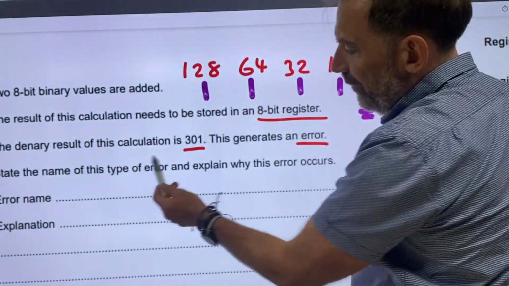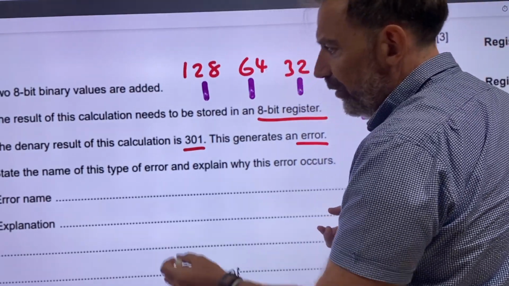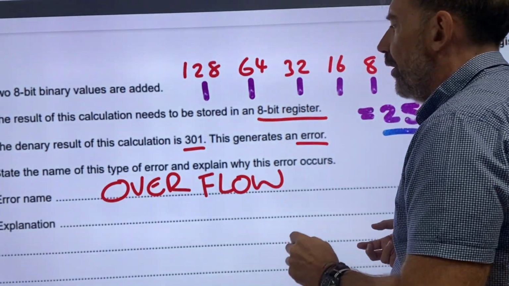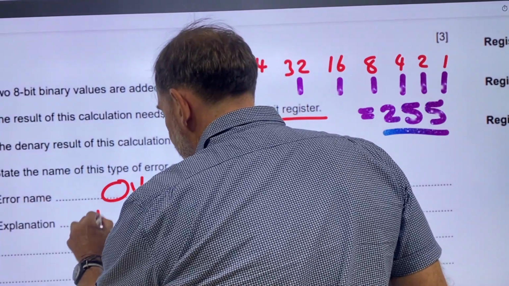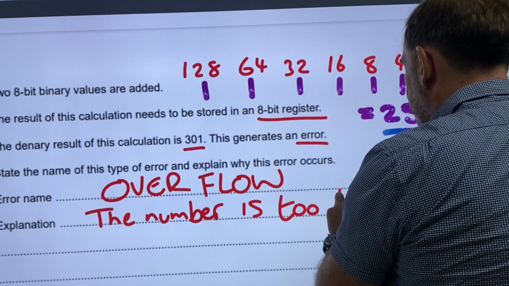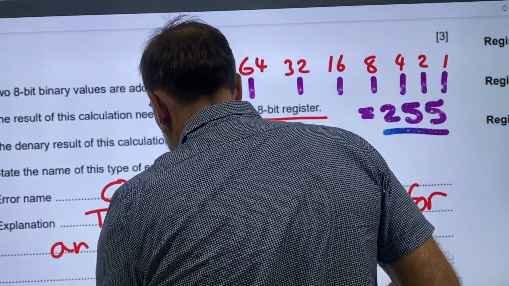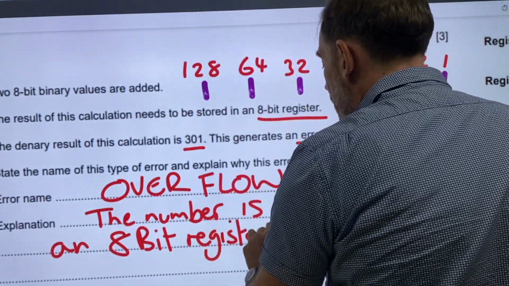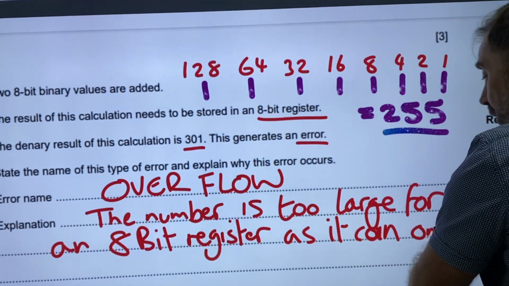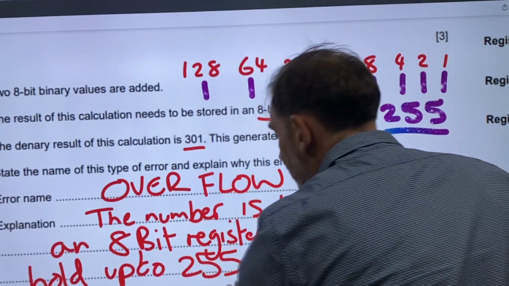State the name of this type of error and explain why this error occurs. Well, the clue is in the name. It's called an overflow. The number is too large for an 8-bit register as it can only hold up to 255.